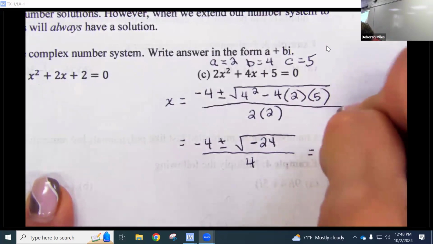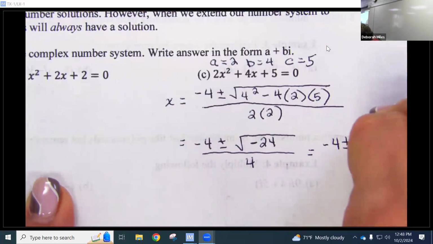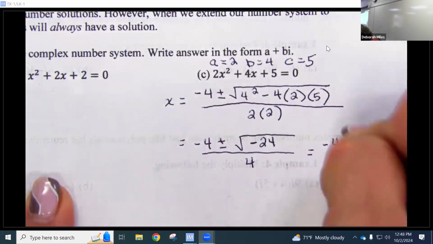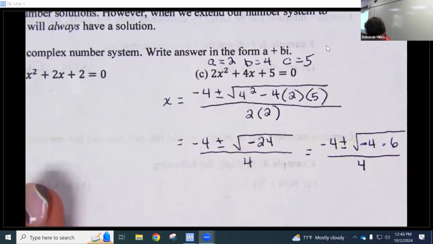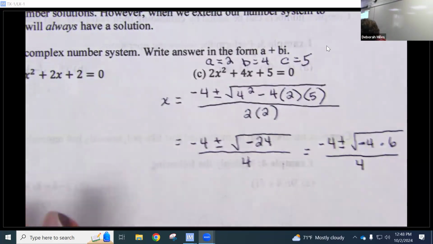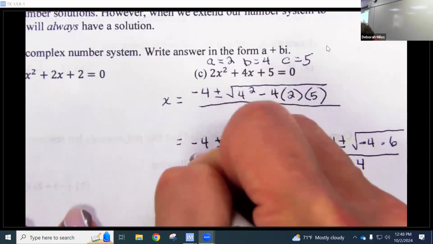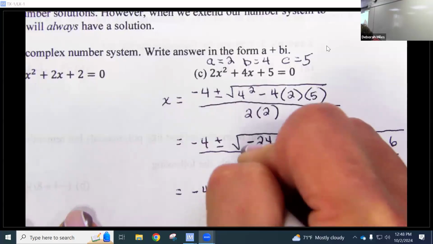I'm going to write that square root of -24 as -4 times 6. And then in the place of the square root of -4, I'm going to put what? 2i square root of 6.